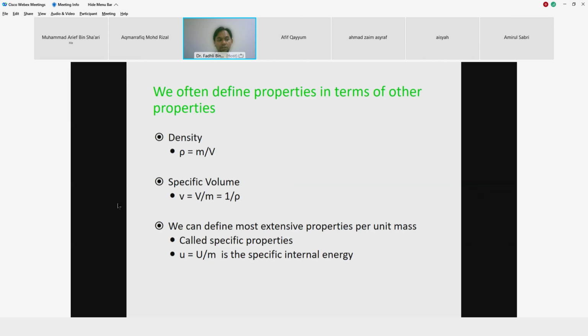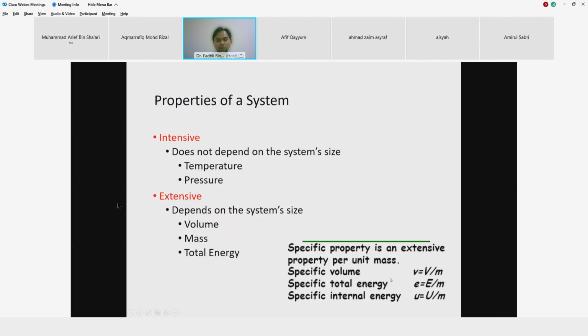Uppercase U, or internal energy over mass, is called specific internal energy. All of this is a specific property: specific volume, specific total energy, and specific internal energy. Their symbols are small v, small e.